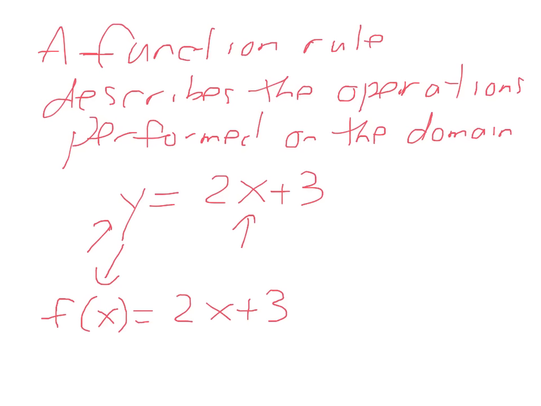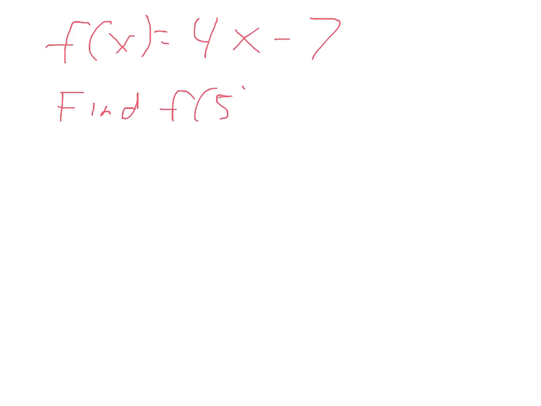So it's the function of x, that is f of x, tells me what I'm supposed to do with the x. So let's say, for instance, I say to you, f of x equals 4x minus 7. And I said to you, find f of 5. That's find function of the domain 5.